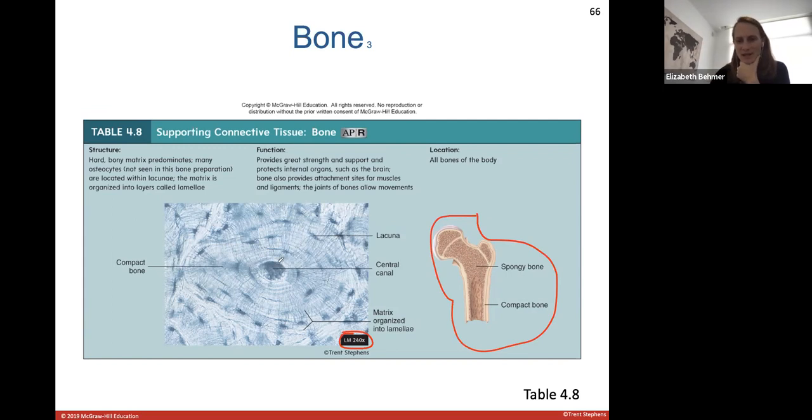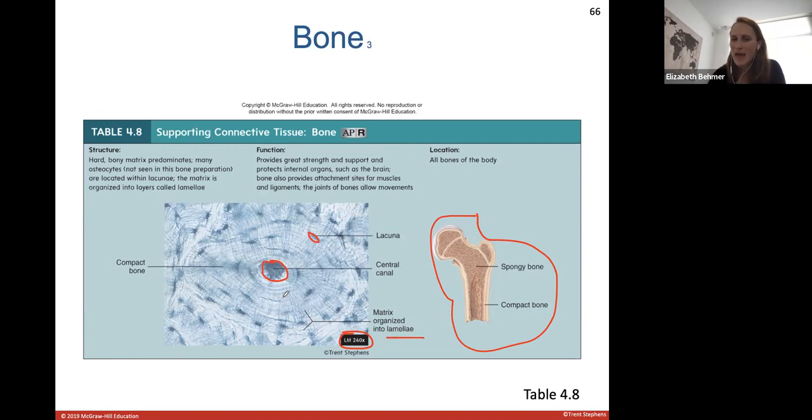But in this compact bone, one section is called an osteon. It has a central canal where you'll have blood vessels and nerves going through it. You'll see these lacuna spaces where the osteocytes will hang out. And again, in the compact bone, the matrix is organized into what we call lamella, which are rings or circles around the central canal.